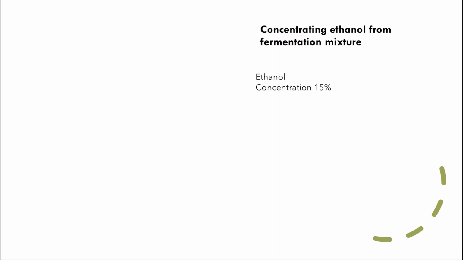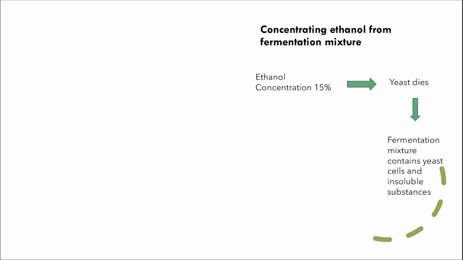Once the concentration of ethanol reaches 15%, the yeast will die. Then the fermentation mixture will contain the yeast cells which have died and the insoluble substances as well. So you need to separate these from the alcohol.